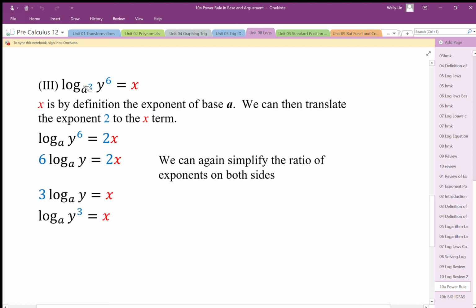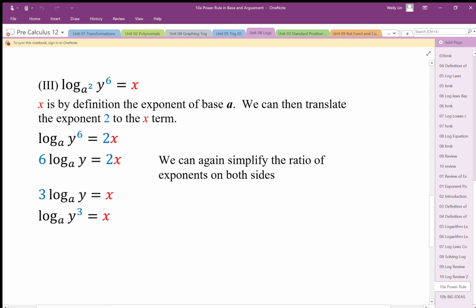Well, I can just transfer that exponent to the exponent side of the equation, and that should be true. Okay, and if we want, we can then apply our power rule, and we can see again that algebraically we can simplify that as a ratio of 6 to 2, 3 to 1.